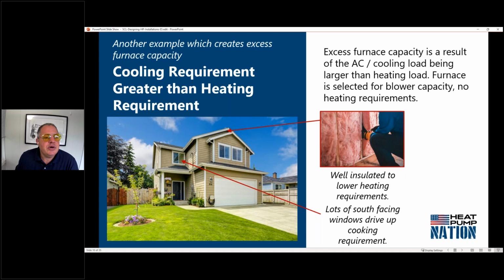And so another thing about this oversizing that I'm talking about, or excess capacity, is that in the Northwest in particular, modern houses that are being built can actually have a greater cooling need than the furnace itself.